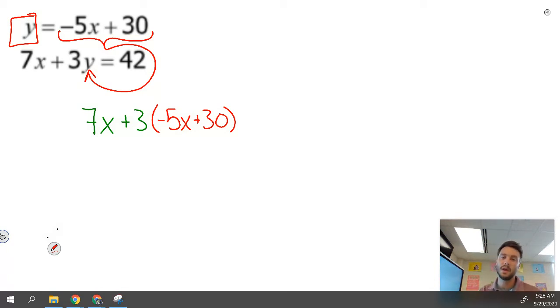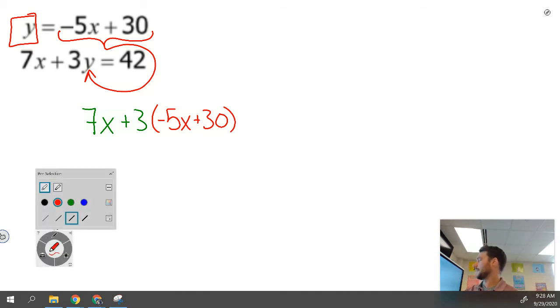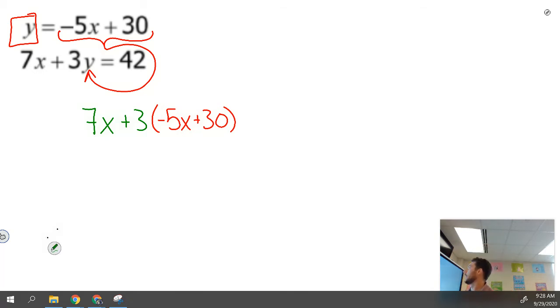Anytime you substitute a variable with something different, you should be replacing it in parentheses, because it's all that. Because if you drop that, you won't remember to multiply the 3 into both of those. You won't distribute well and you'll make some mistakes. But then the rest of that equation is as it was, so equals 42. So red is the only thing I changed. I replaced that whole y with that red part from the first equation on the top.